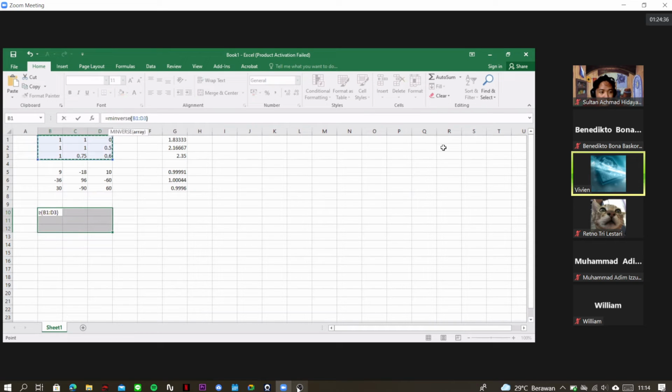And when we want to press enter, we press Control and Shift together first, and then we press enter so that it will fill all the cells. If we don't press those keys, it's only filling one cell. So say I just do the regular one here and press enter, it only fills the first element, the first cell. So you have to make sure when pressing that, you press Control Shift and then enter.